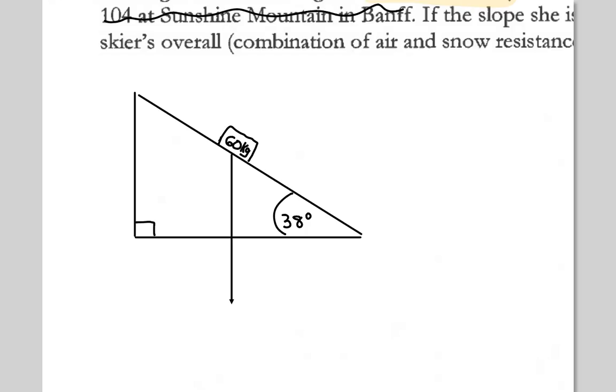Then you can break that FG into its two components. You have the perpendicular, you have the parallel. Right angle right there. This is F parallel. This is F perpendicular.